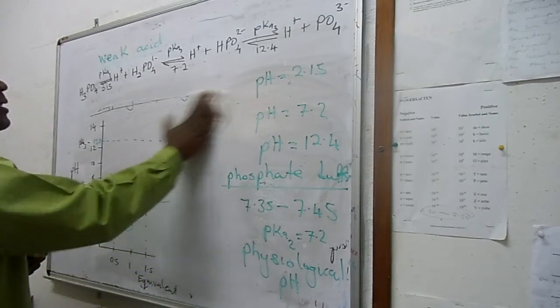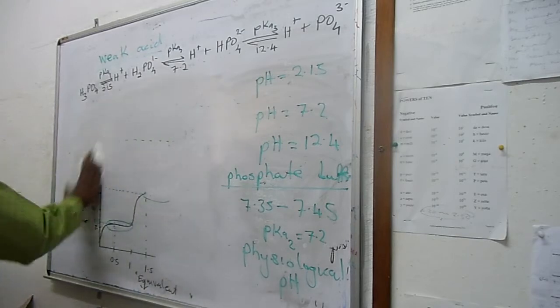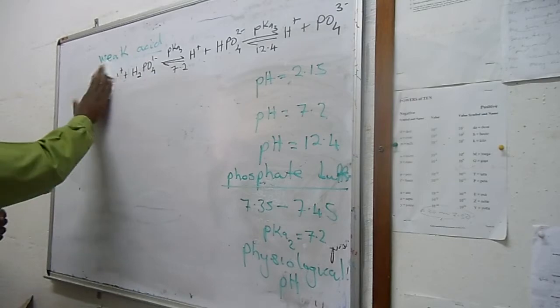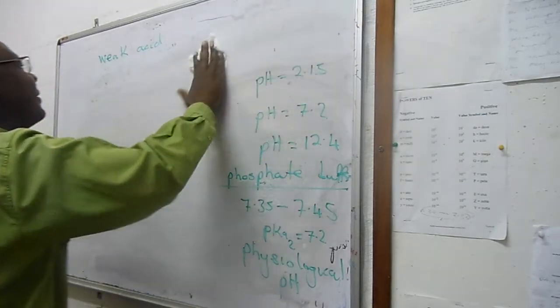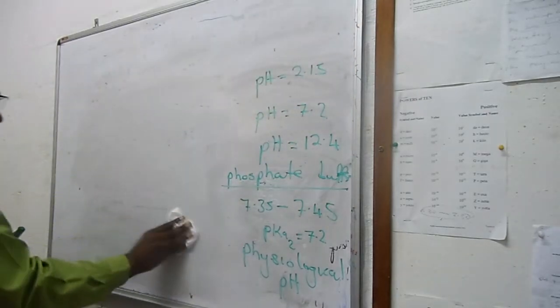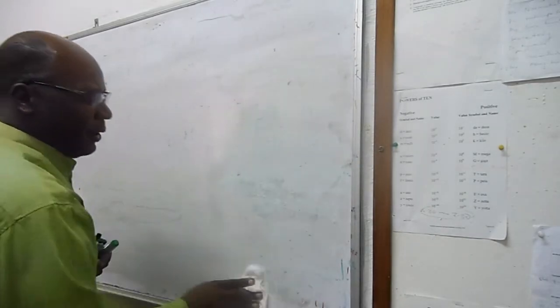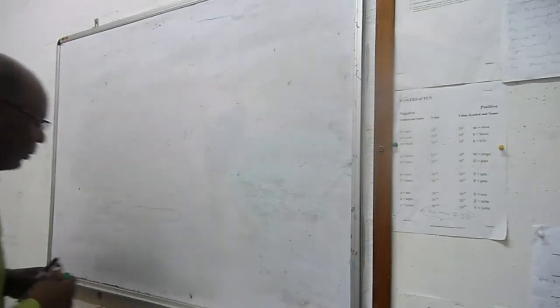So that's one example of a buffer that can be utilized in our bodies, in humans. The other buffer that can be utilized in the body is the bicarbonate buffer.